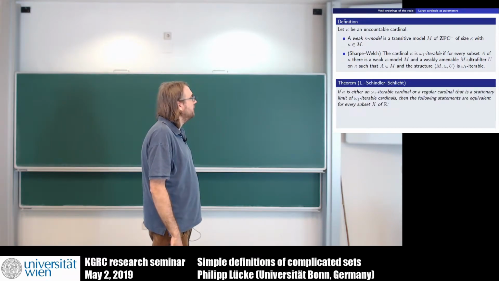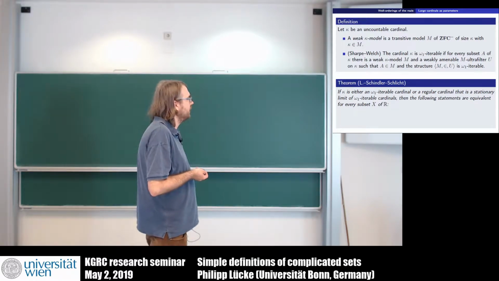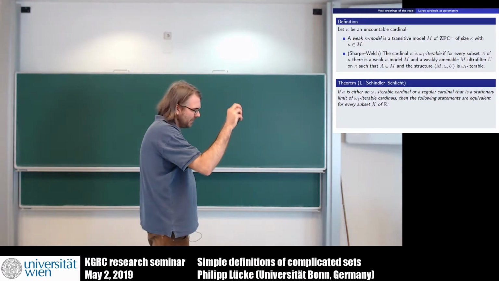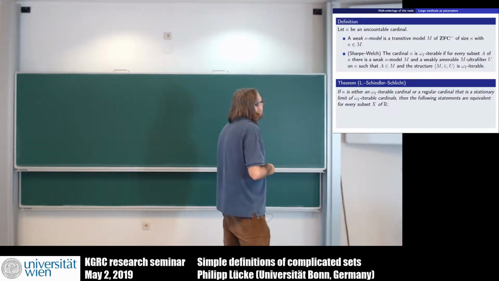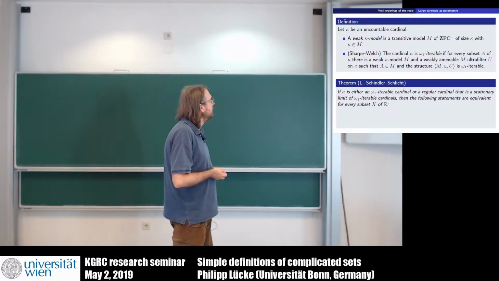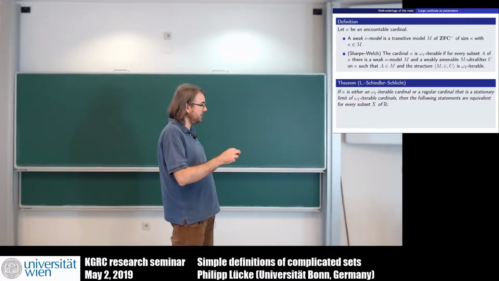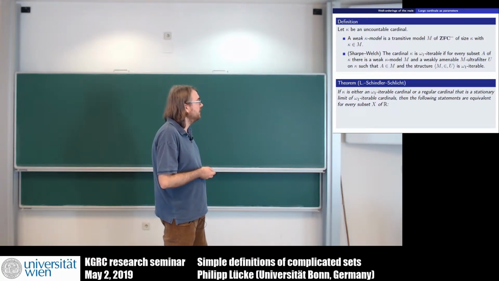Okay, and if you have this, you can, as I said, run this argument for the large cardinal as a parameter by taking real iteration instead of generic iteration. So if we have a cardinal that's either omega-1 iterable itself or a stationary limit of omega-1 iterable cardinals, then we get the following characterization of Sigma^1_3 sets of reals.